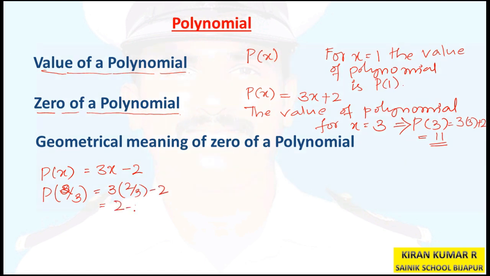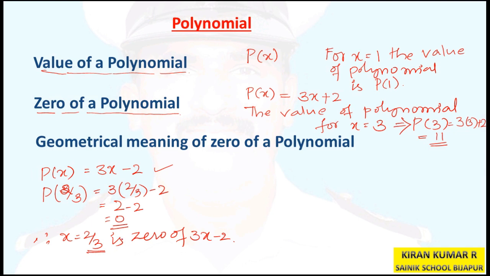It will be 2 minus 2 equal to 0. The value of the polynomial will become 0 for x is equal to 2 by 3. Therefore, x is equal to 2 by 3 is 0 of 3x minus 2. This 3x minus 2 is a linear polynomial, so we will be having only one zero of the polynomial.